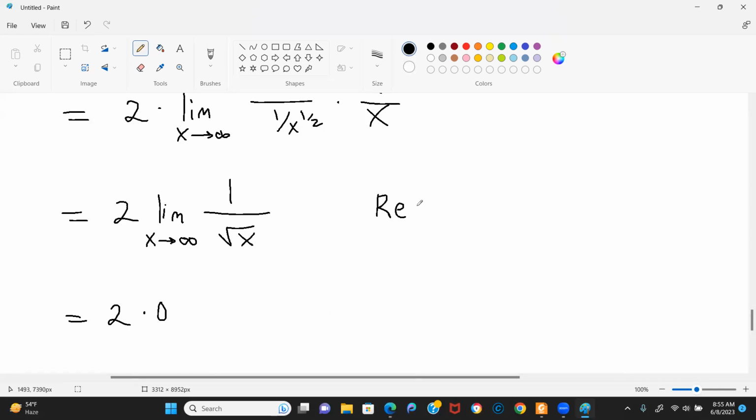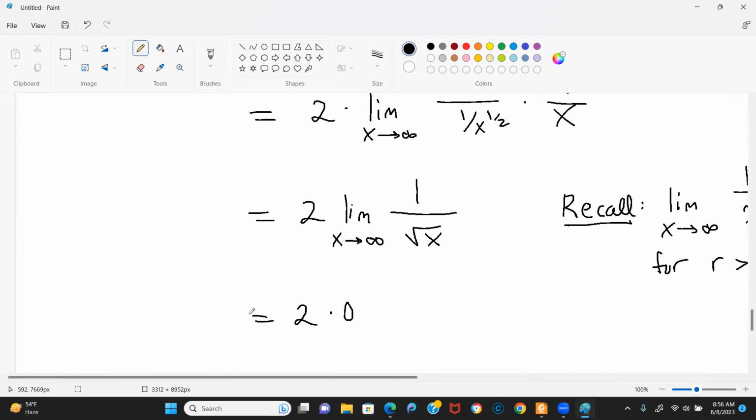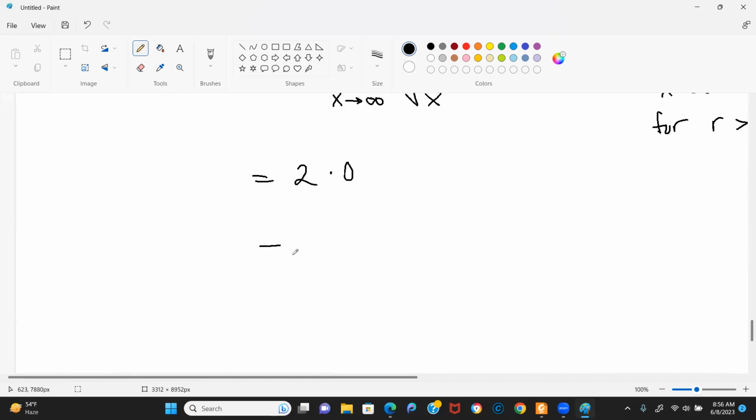Recall, the limit as x goes to infinity of 1 over x to the r is 0 for any positive number r. We satisfy that because r is equal to 1/2 in this case. So this is going to be 0. That means the square root function grows faster than ln of x.